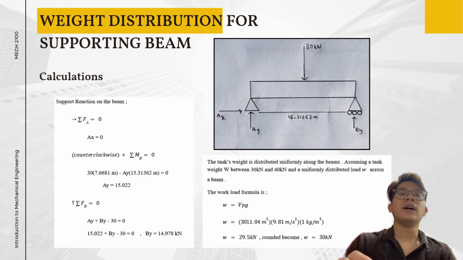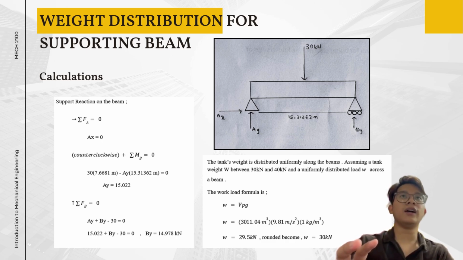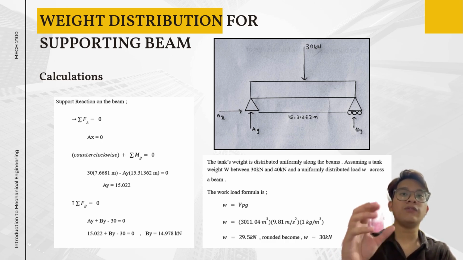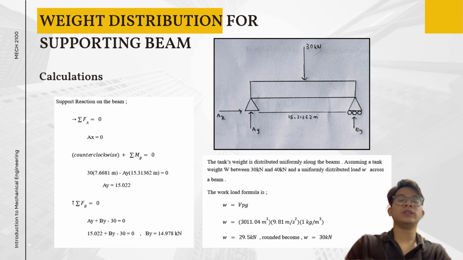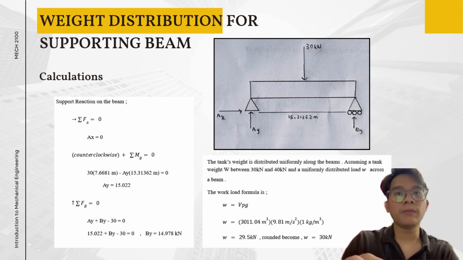Okay, next we have to calculate the workload that is distributed uniformly along the beam. The workload formula is W equal to V rho G, where V stands for volume, rho is density, and G is gravitational acceleration.